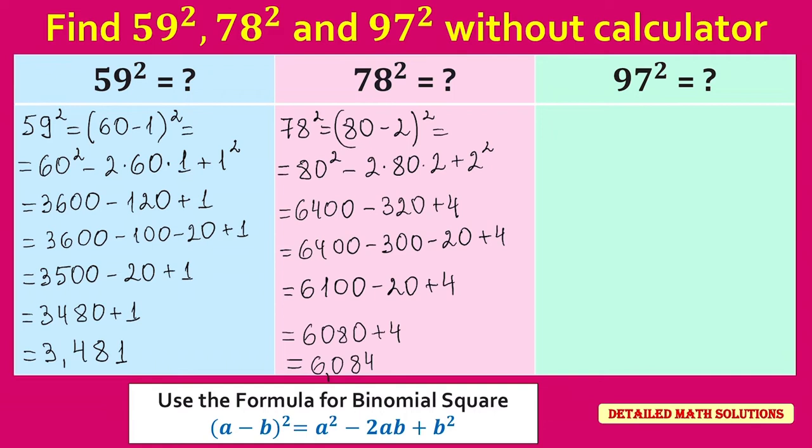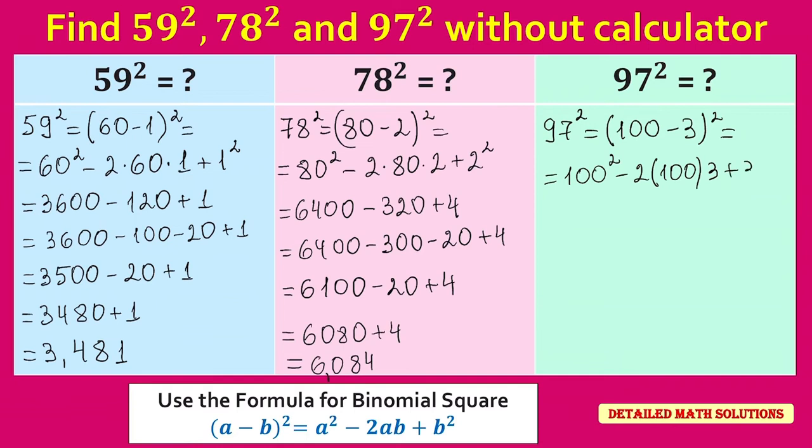Next, again, I need to write the number 97 as a difference of two numbers whose squares are easy to calculate. So 97 squared equals (100 minus 3) squared. After I apply the formula for a binomial square, this equals 100 squared minus 2 times 100 times 3 plus 3 squared.